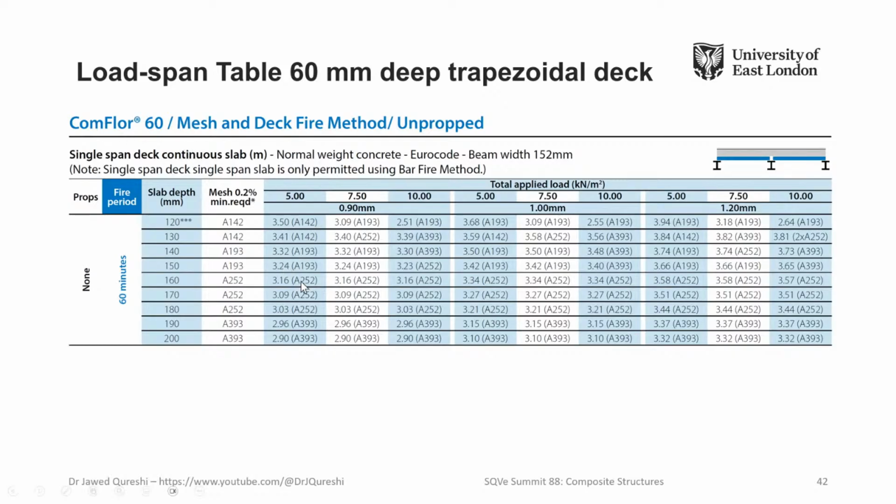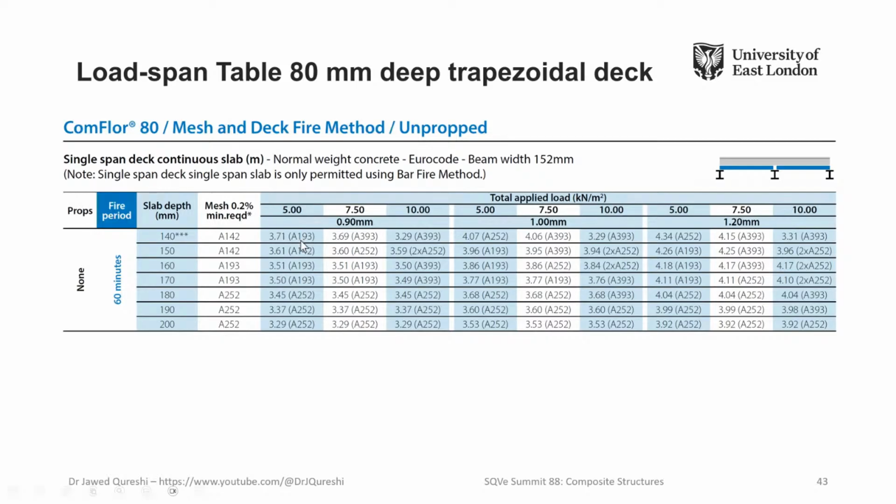And for ComFlor 60, again, you can see for 5 kilonewton per meter square, we have a spanning capability of 3.5. And again, as you increase loading, spanning capability is decreasing. So this is giving you an idea of which sheeting to use. But again, these tables come from the manufacturer, and I'm sure in India you will have similar sheeting load span tables.